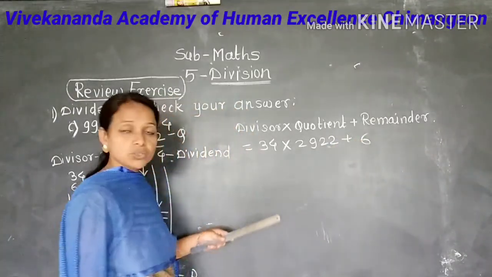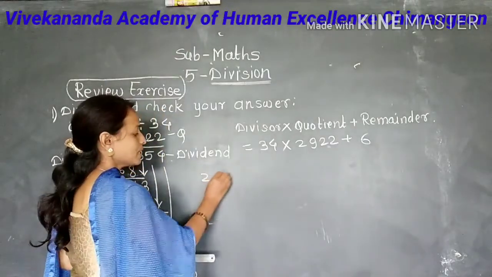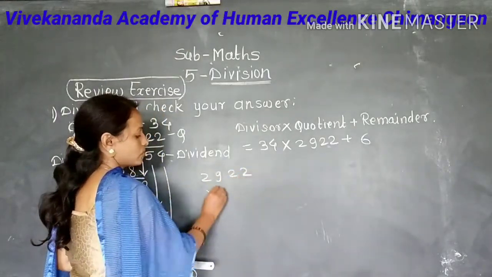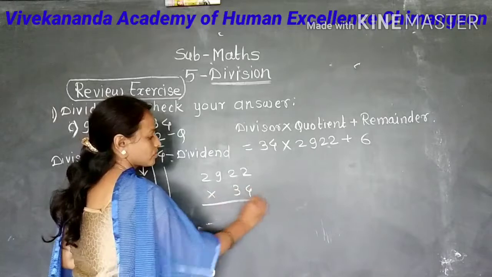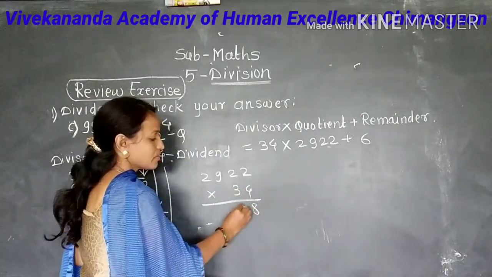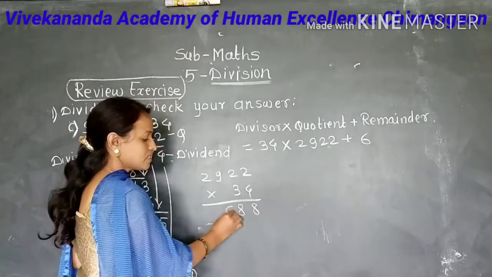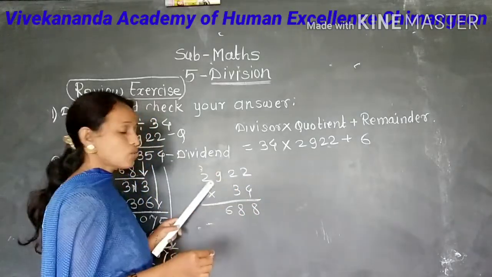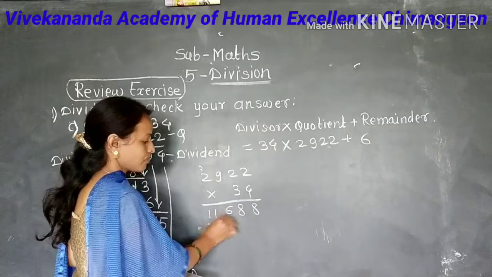Now we multiply 2,922 by 34. First we multiply by 4 ones. 4 2s are 8, 4 2s are 8, 4 9s are 36, 6 carry over 3, 4 2s are 8 plus 3, 11.